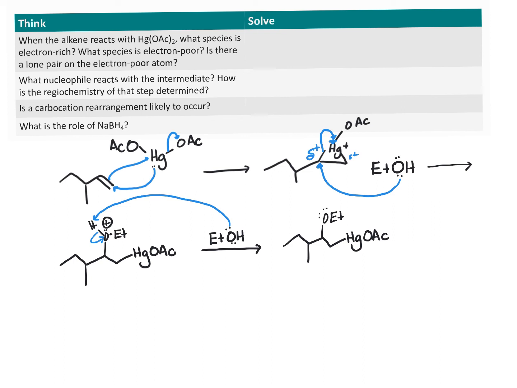And so then the next question you ask yourself is, okay, we've made it through the first reaction. Now we're going to add NaBH4, and what's the role of that? Well, the NaBH4 replaces the mercury-containing substituent with a hydrogen. That's all that happens. And now you can draw this guy as an answer, and that's totally fine.